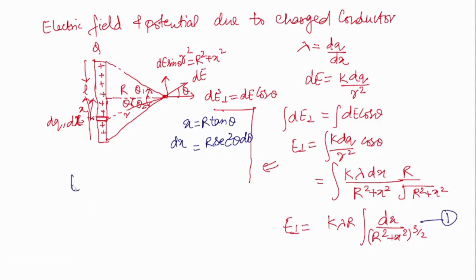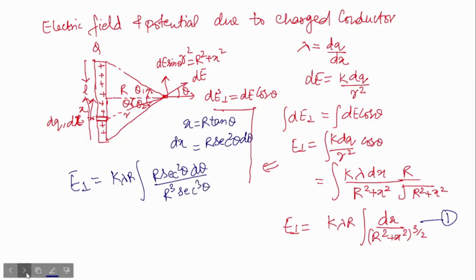So E perpendicular will be, if you put the values, k lambda R, R sec squared theta d theta upon R cubed sec cubed theta. Moving on to the next page, I'm giving you the simplified equation: k lambda divided by capital R times the integral of cos theta d theta.